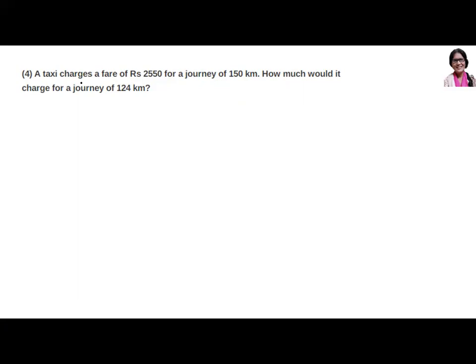A taxi charges a fare of 2550 for a journey of 150 kilometers. How much will it charge for a journey of 124 kilometers? That means distance is one variable, which is changing. Variable means it is changing. It is taking different amounts.